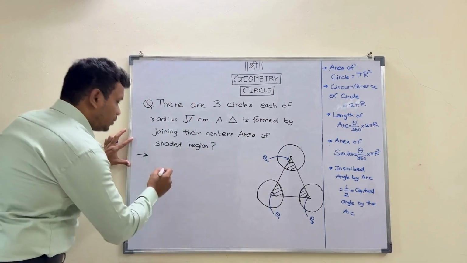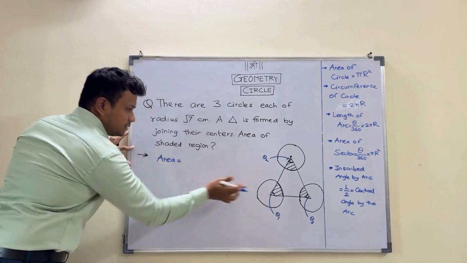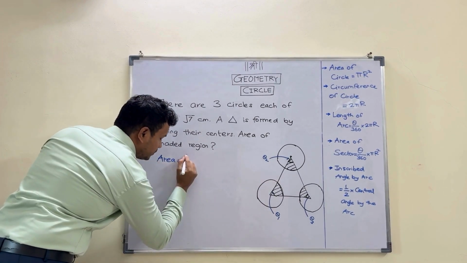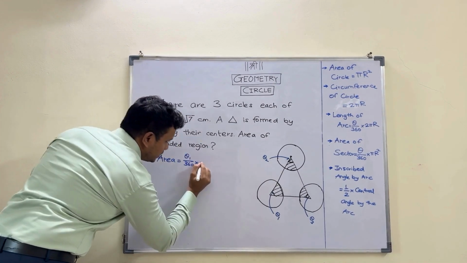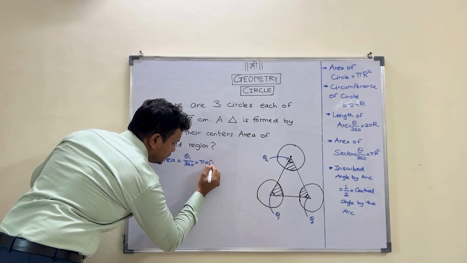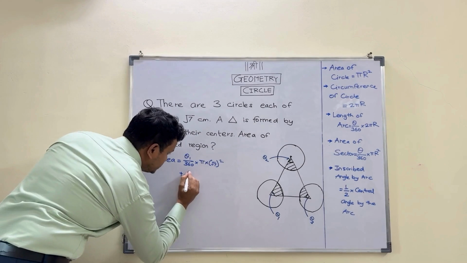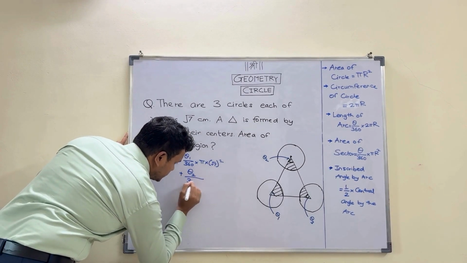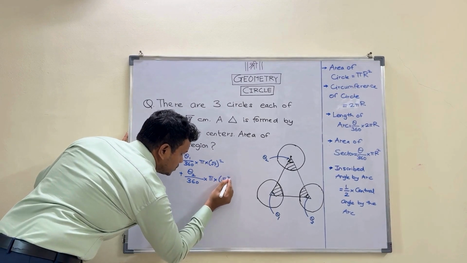So let's compute the total area. Total area, how can we compute? Total area is first sector's area, theta 1 upon 360, we know the radius of circle, pi into root 7 square. What is the area of the second sector? It's theta 2 upon 360 into pi into root 7 square.